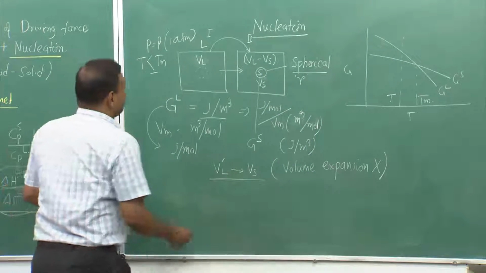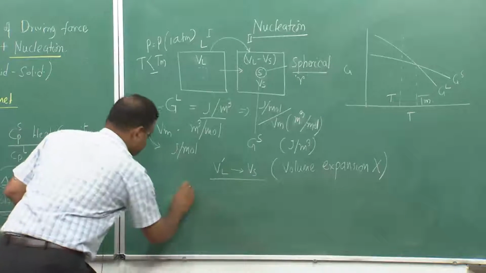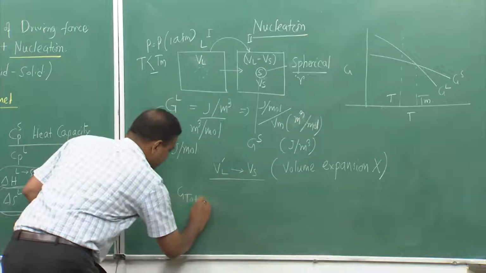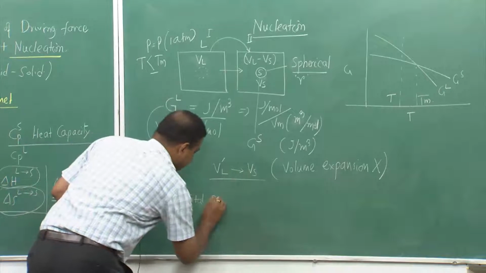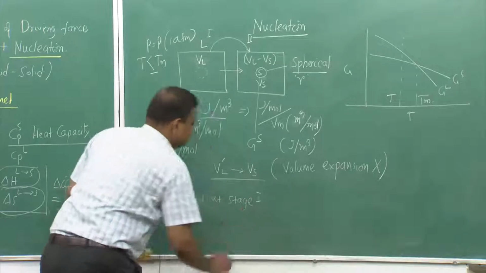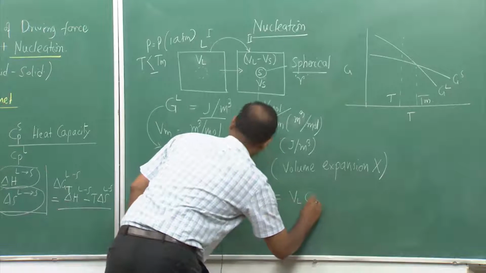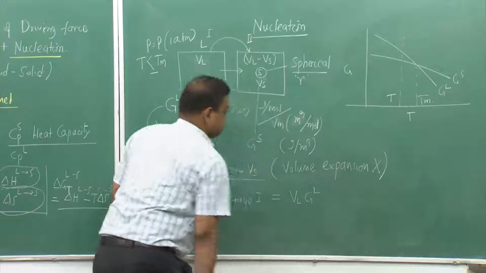Now, if I try to find out the total free energy, G total at stage 1 is equal to VL GL.